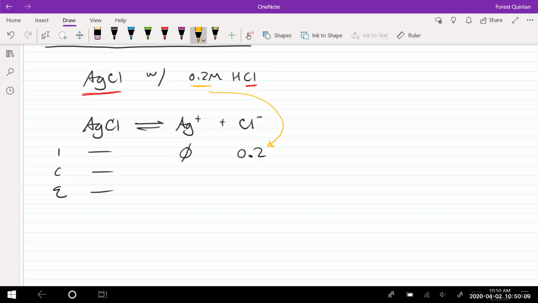So for the rest of this, I'm going to put that 0.2 here. We should note that this will still give us a plus X and a plus X. So we have X and 0.2 plus X.